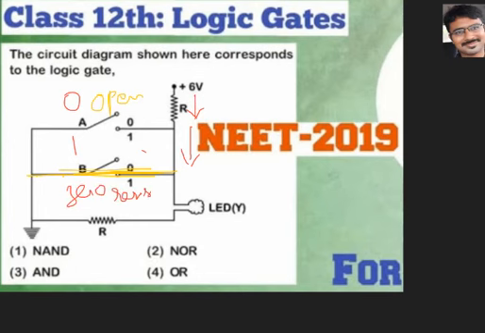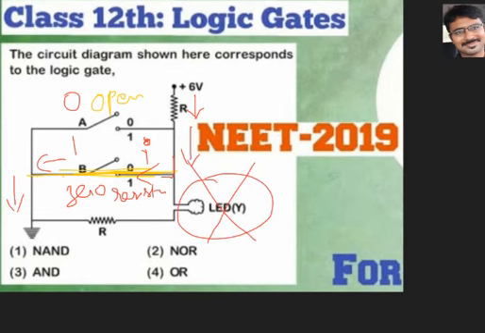Remember, always current chooses the 0 resistance path if it is available. So I selected the 0 resistance path, and current is going in this direction to the earth, and current is not allowed to flow through the LED bulb. So current is not entering into this LED bulb.